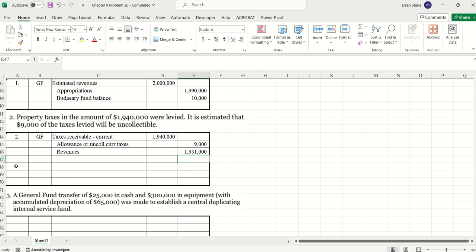The next entry we're going to do is going to take place in the Governmental Activities Fund, and going to be pretty much the same, right?